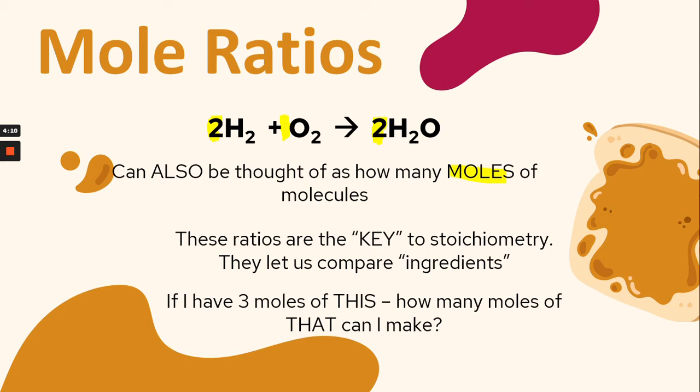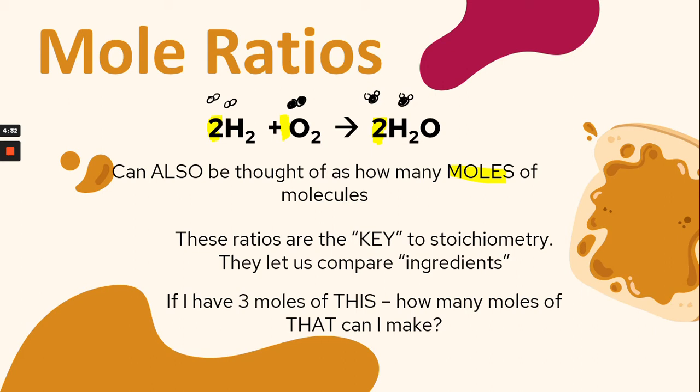So here, if I had 2 moles, which are also like molecules, 2 moles of hydrogen and 1 mole or molecule of oxygen, I could use that information to figure out how many moles or molecules of water I could make.